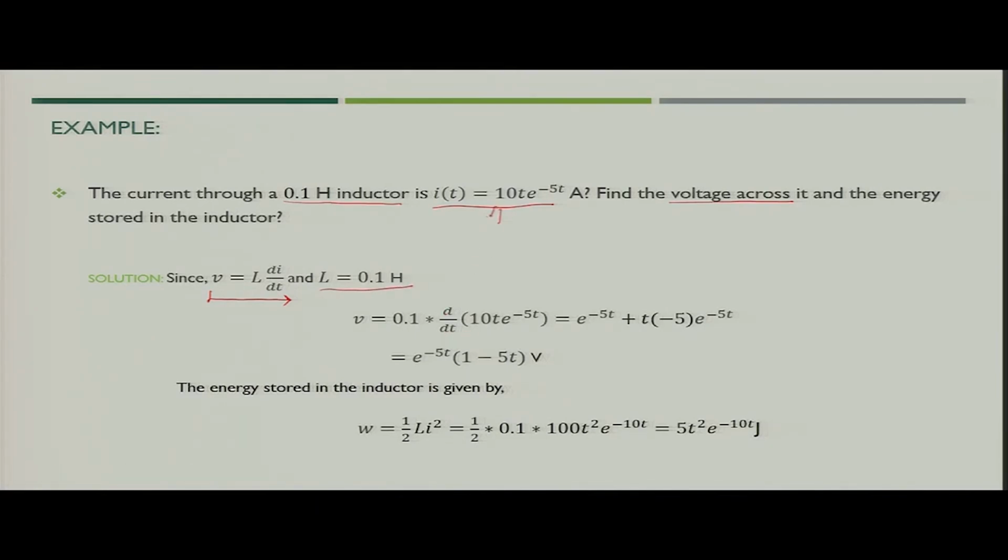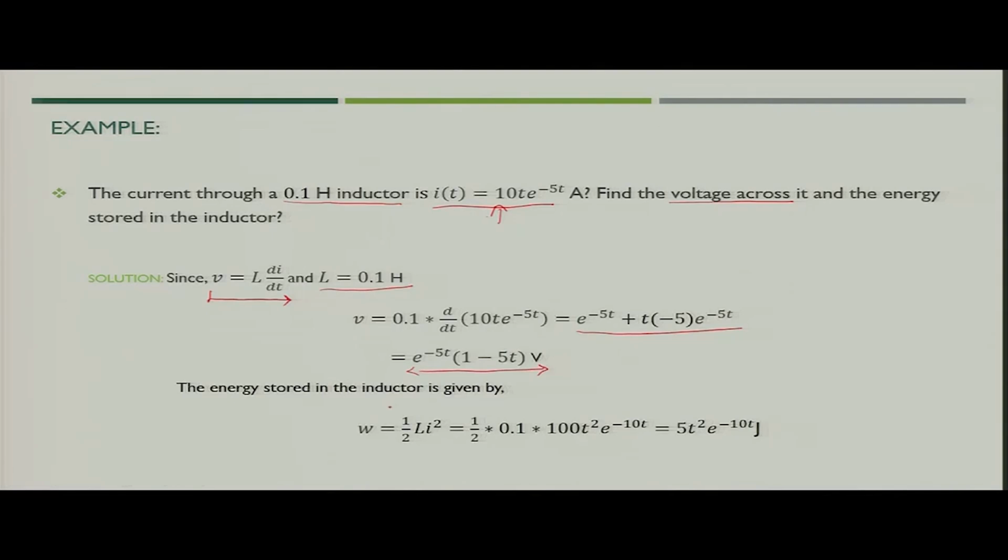Simply differentiate the current equation, d by dt of 10 t e to the power minus 5t. When you differentiate, you get e to the power minus 5t plus t times minus 5 into e to the power minus 5t. So, finally, the voltage V is e to the power minus 5t into (1 minus 5t) volts.